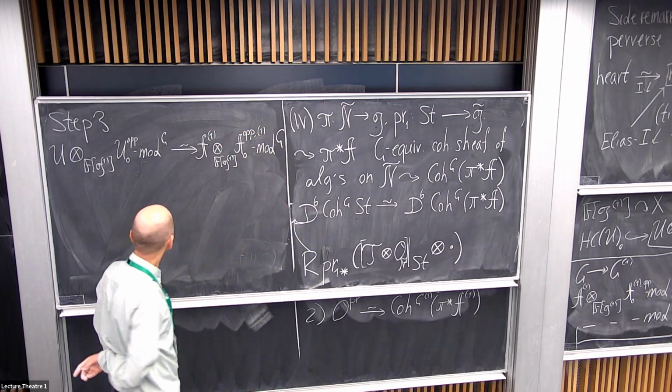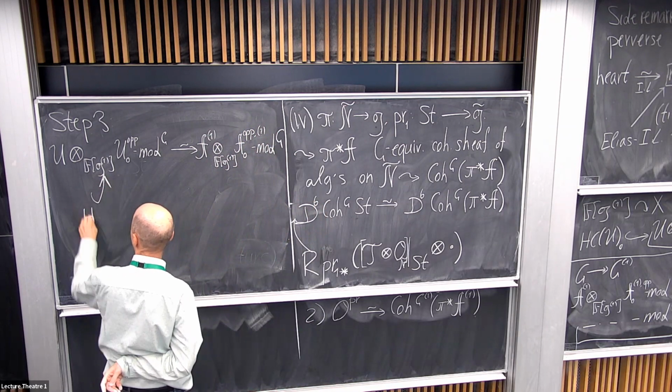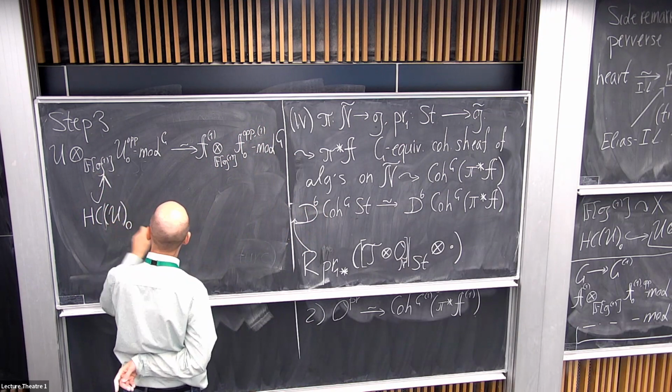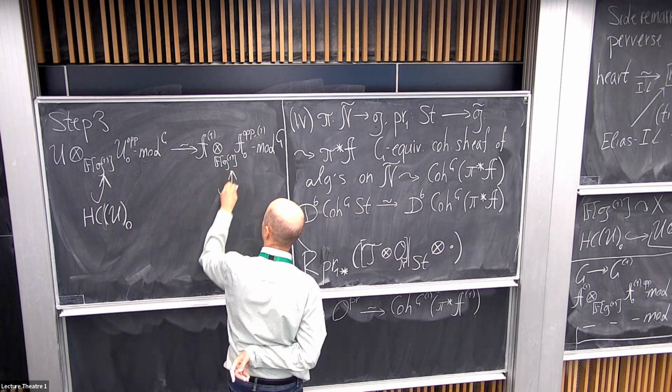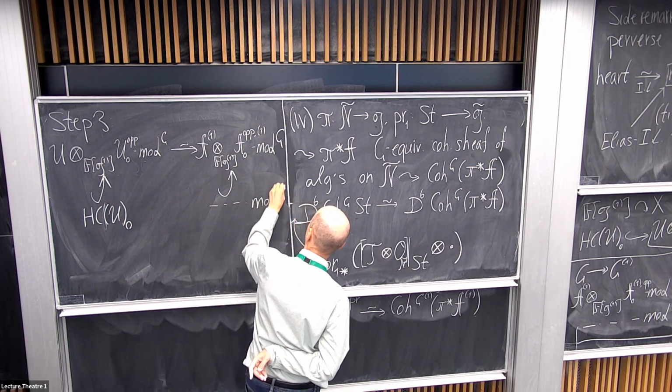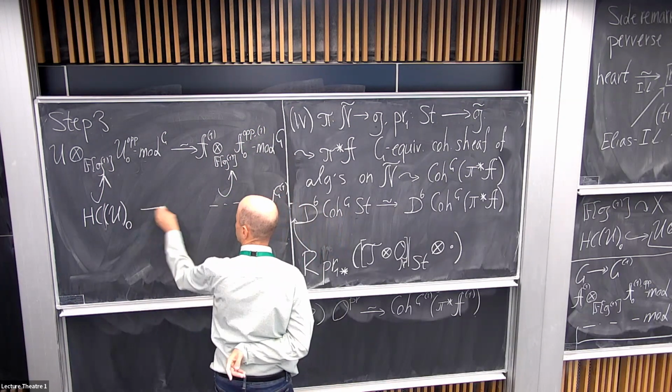This is step number 2. Now here sits my HC U0, while here sits the very similar category, but with G1-equivariant objects.